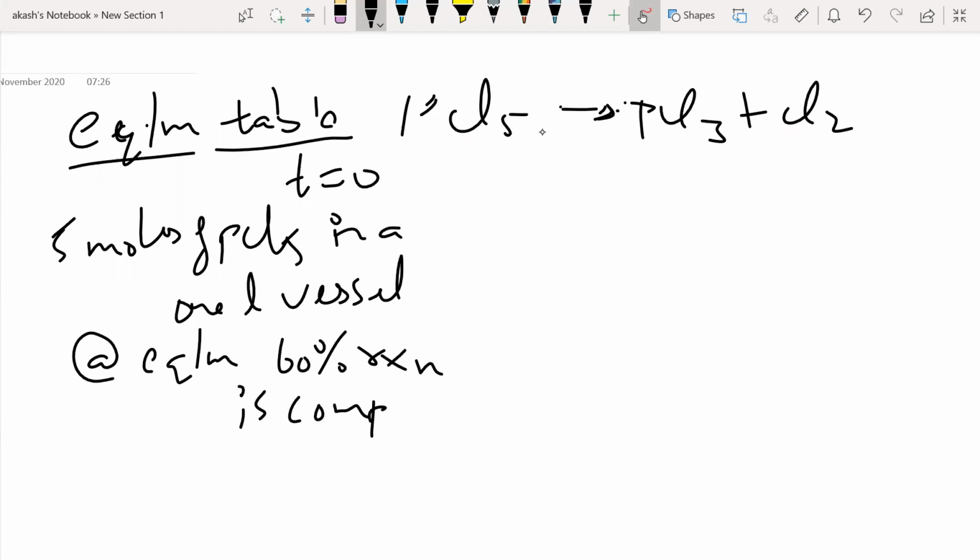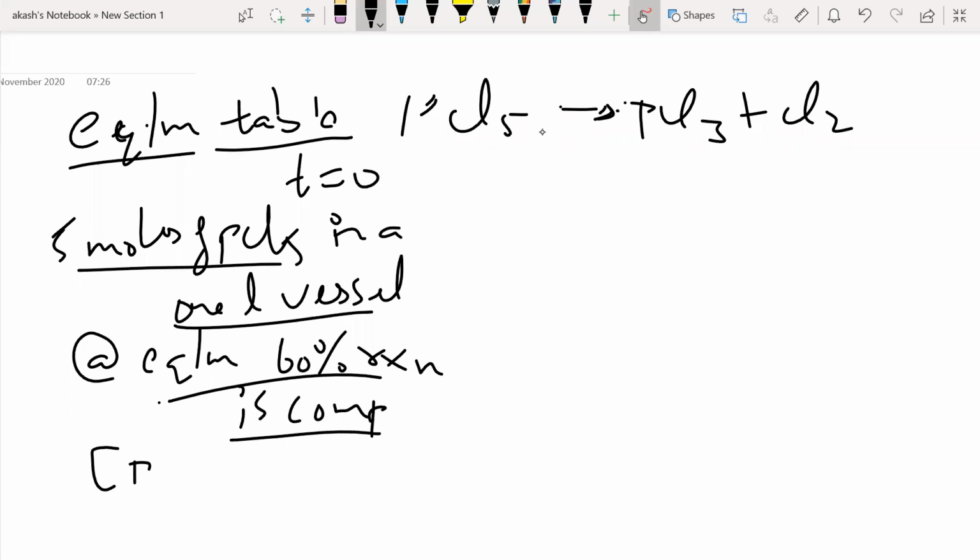So these two are the information given to you. Initially they say that I have 5 moles of PCl5 in a 1 liter vessel, and they say that in equilibrium, 60% of the reaction is completed. Say they ask you what is the concentration of PCl5?